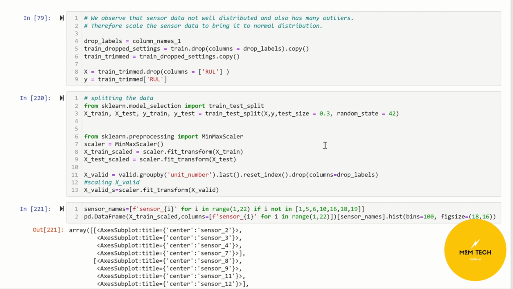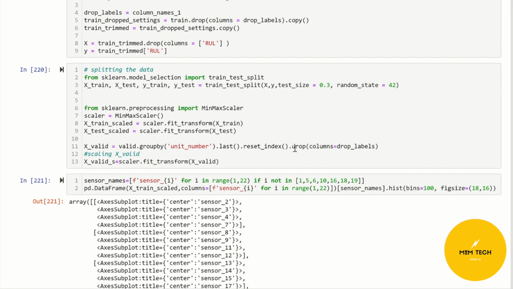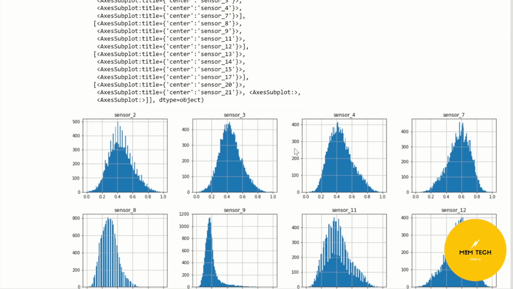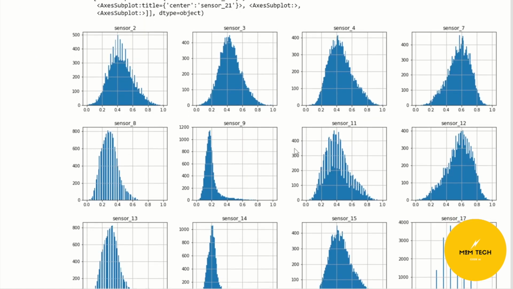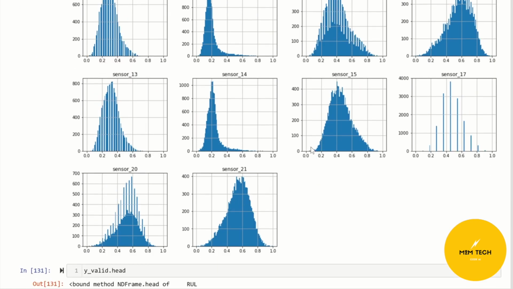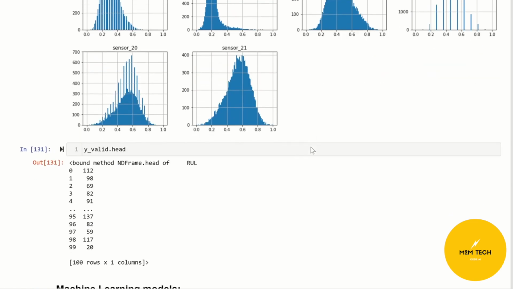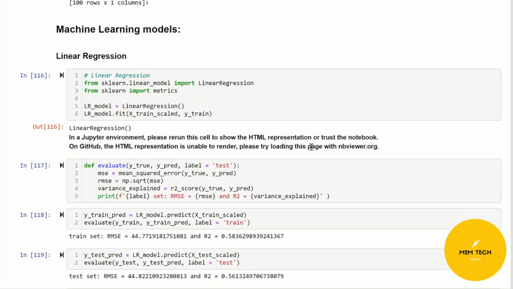So I did scaling, and once we did the scaling, the sensor data has all come into bell-shaped curves, which means normal distribution. So now we can go ahead and apply our algorithms: linear regression, SVM regression, and also random forest regression.